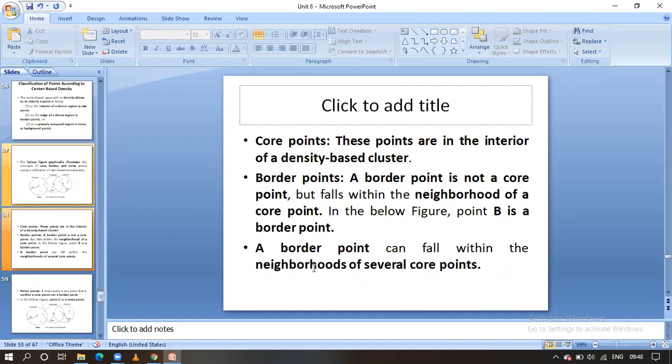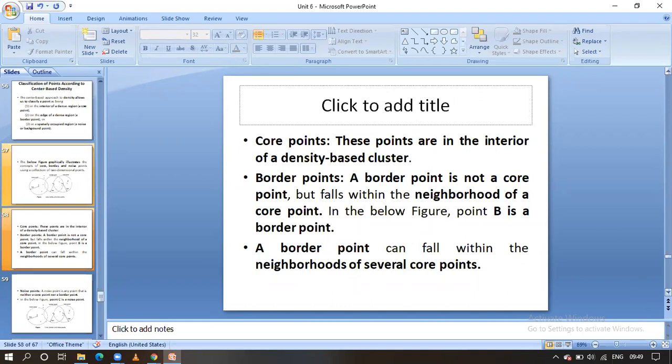Normally, a border point will have core points in its neighborhood. This explanation covers what is meant by a border point and what is meant by a core point. A core point is in the interior of a dense region.